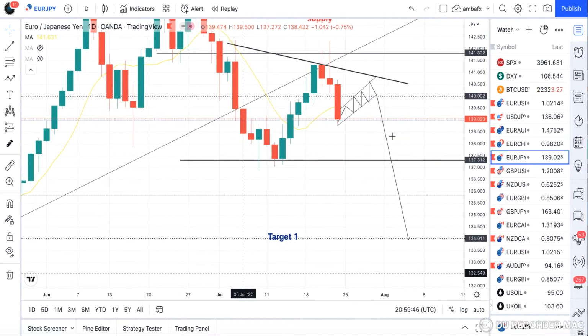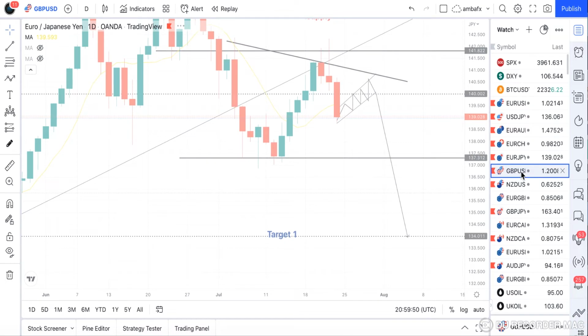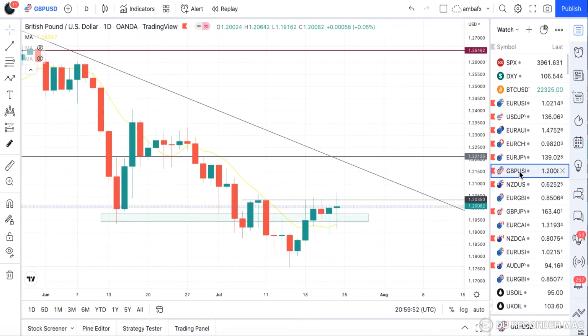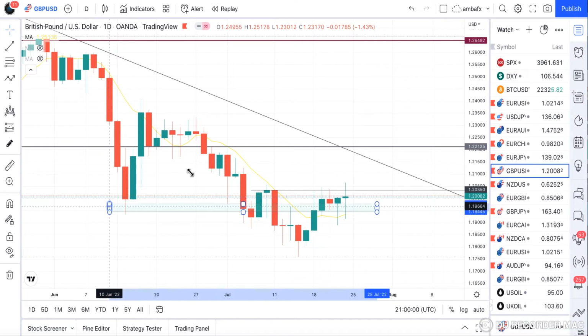So the next pair we want to look at is GBP US Dollar. On GBP USD we saw a very big sharp decline.